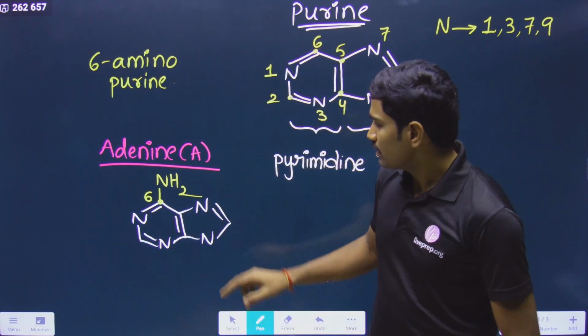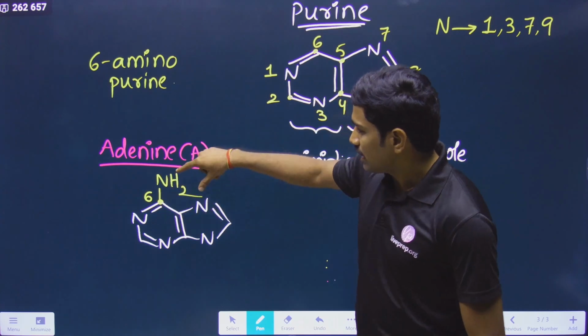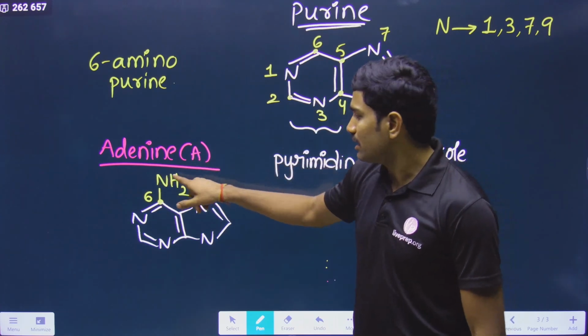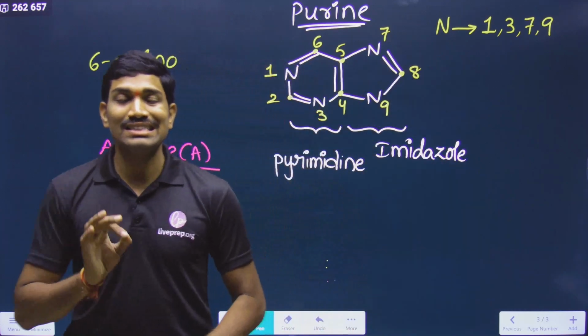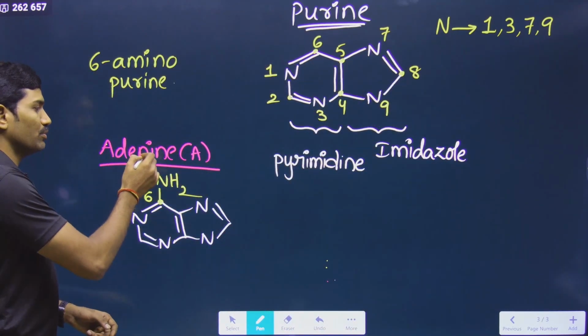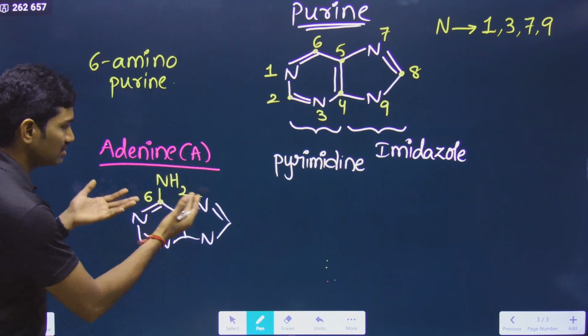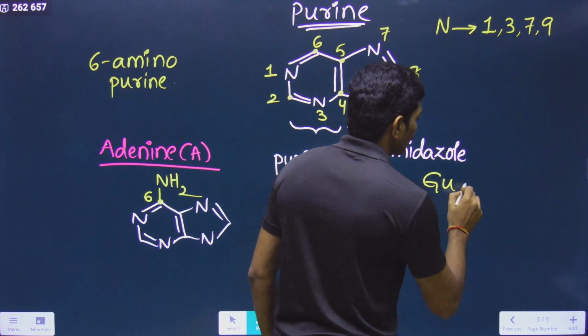Nitrogen will have valency of 3. Already one bond is with this, and only 2 hydrogens can be attached. So NH2. So it is not NH3, NH2 group will be attached. So that's why it is called as 6 amino purine. Clear? So adenine is 6 amino purine. It is indicated with A, and this is the structure of adenine. Completed. Now we will talk about the guanine.